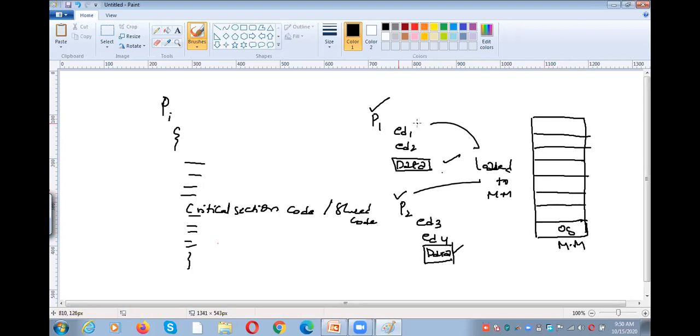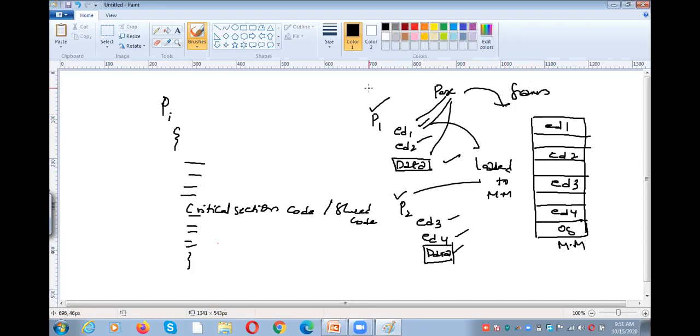ED1 and ED2 are separate pages, so we can keep ED1 here and ED2 here. ED3 and ED4 are also separate pages. These pages will be kept into the main memory frames.